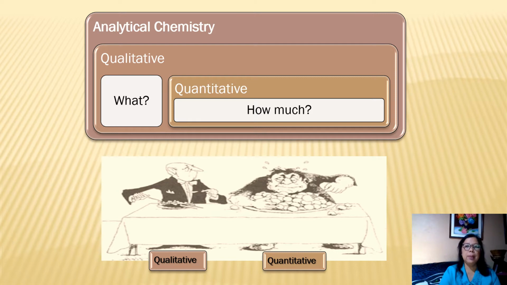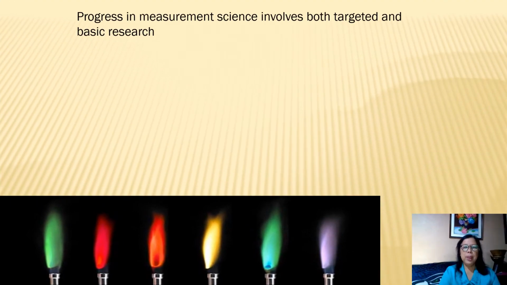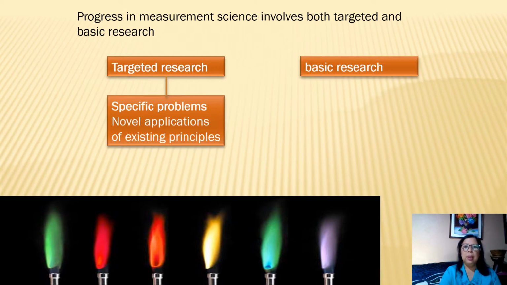So analytical chemistry deals both with what is present, what is its nature, and then after identifying what this is, the next question is how much. Progress in measurement sciences involves both targeted and basic research.